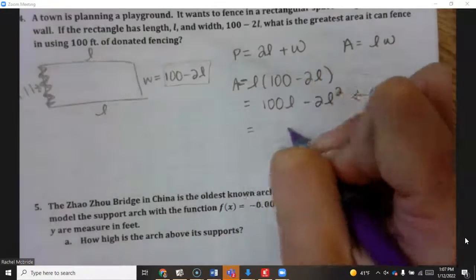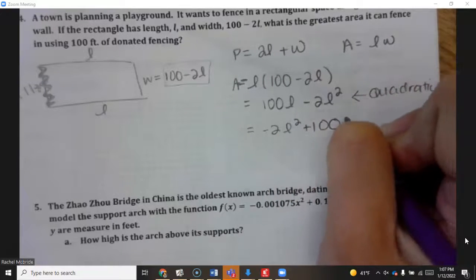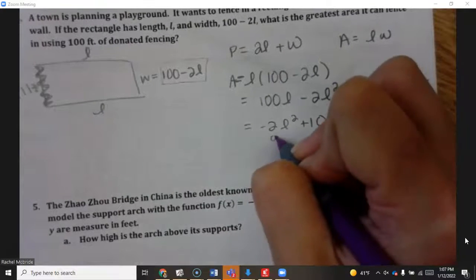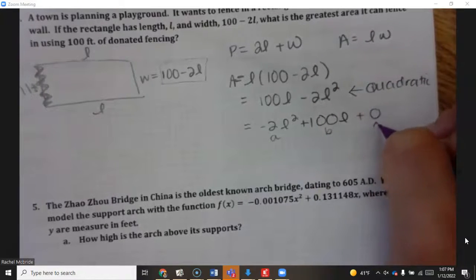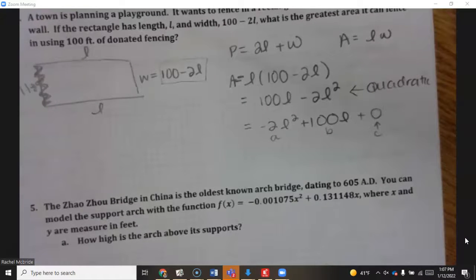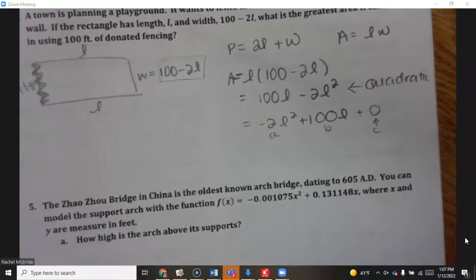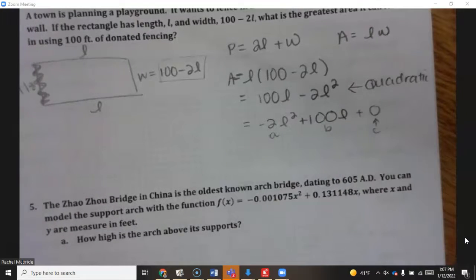So in standard form, that's -2L squared plus 100L, so this is your A and this is your B. And in this case, my y-intercept, or my C, is at 0, 0. Obviously, that is one of my roots then. But again, the max area is going to occur at the vertex.